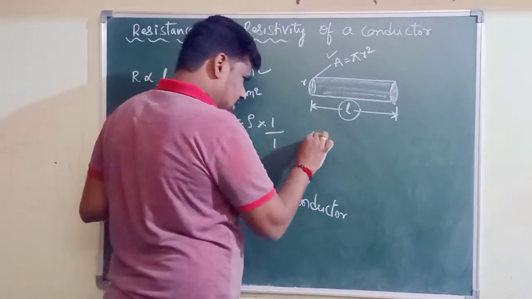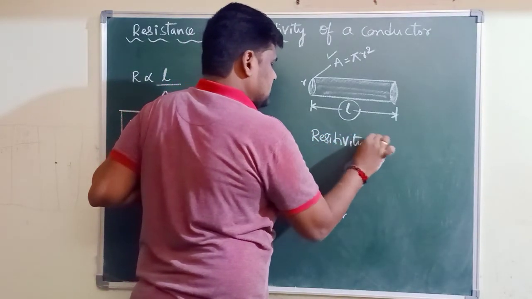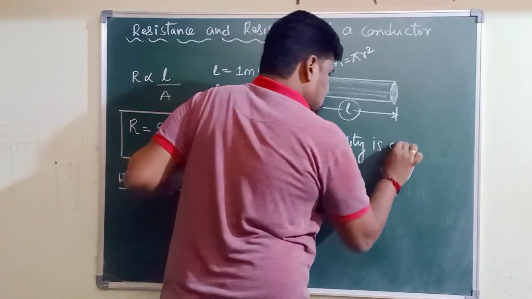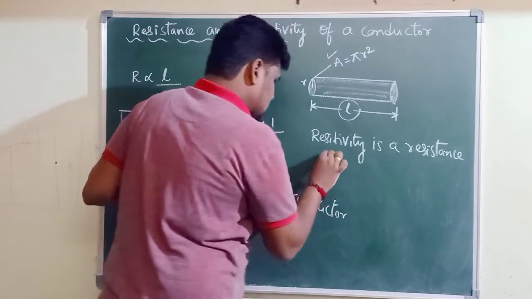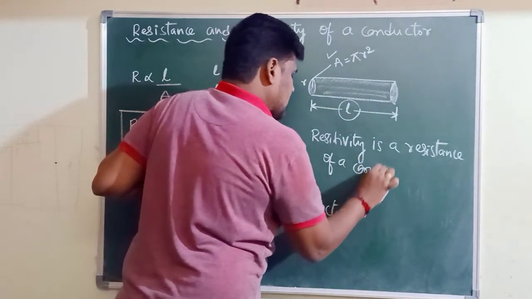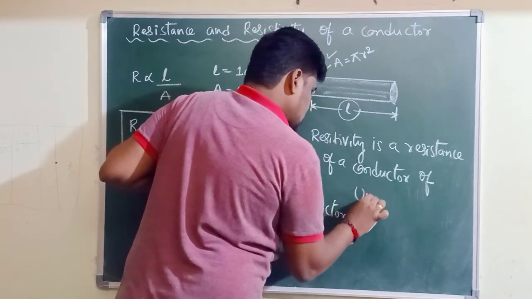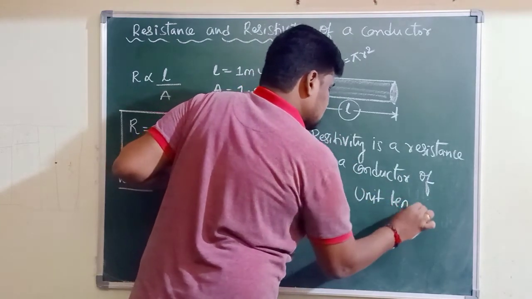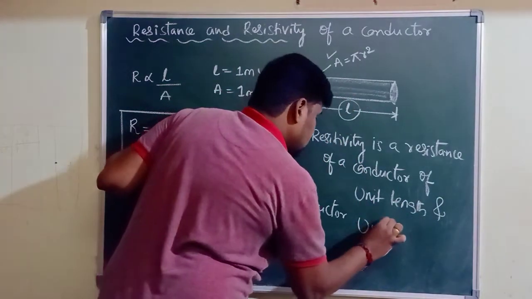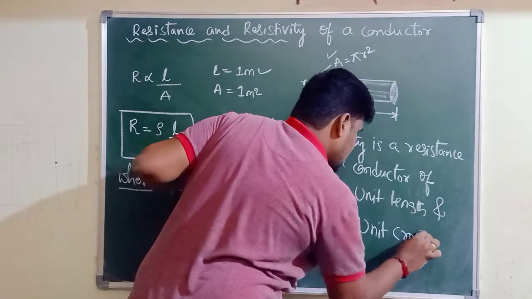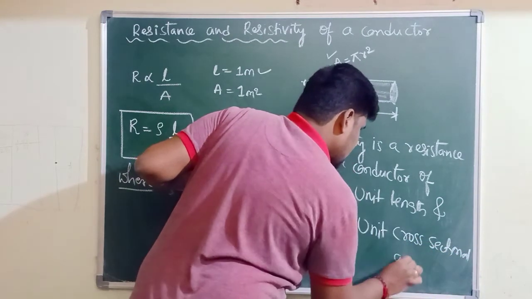Therefore, how I can define resistivity is: the resistance of a conductor of unit length and unit cross sectional area.